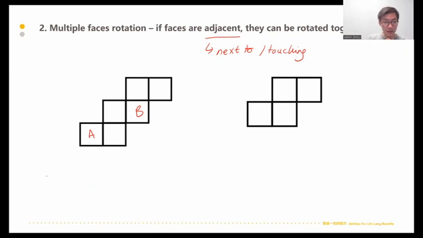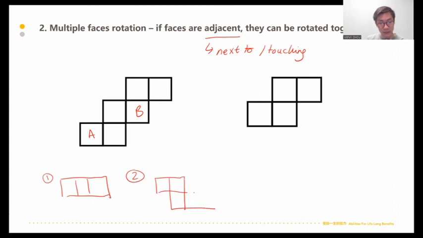One of the scenarios was if there were 3 in a row. The other scenario, can everybody remember? It was this Z shape, okay? And this Z shape can also be flipped. So that means that A and B are actually opposite faces here, which means that they're not adjacent, okay? Does everybody understand that?